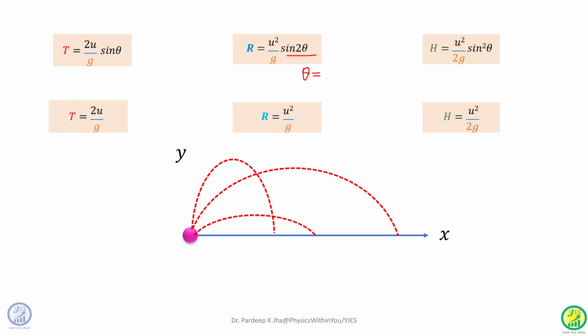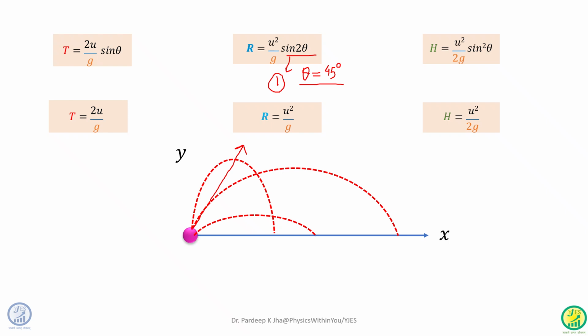So if you are throwing something and want it to reach the maximum distance, your angle should be 45, because only then will this quantity equal 1. Right? Maximum value is 1. So the range will be maximum only when your angle of projection equals 45 degrees.